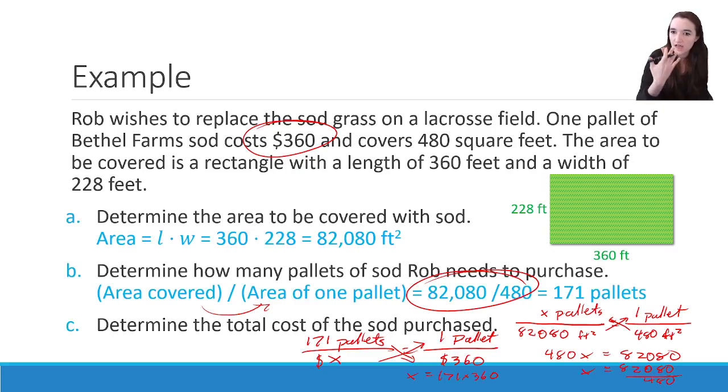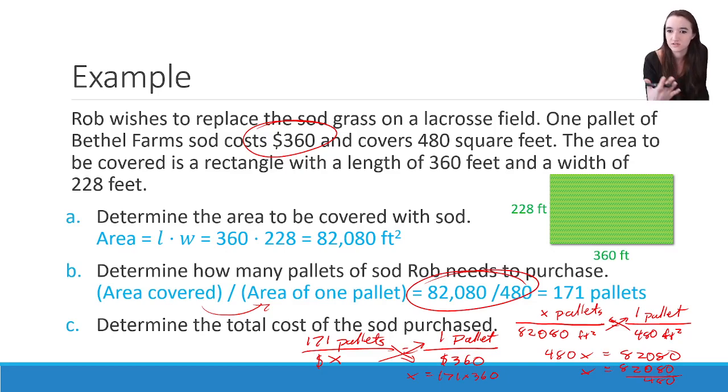We can also just, again, think about this a little bit logically. So we know 1 pallet is $360. 2 pallets would then be $720. 3 pallets would then be $1,080, and so on. Now, how did I get that? Well, I just kept adding 360, or I multiplied the number of pallets times 360.